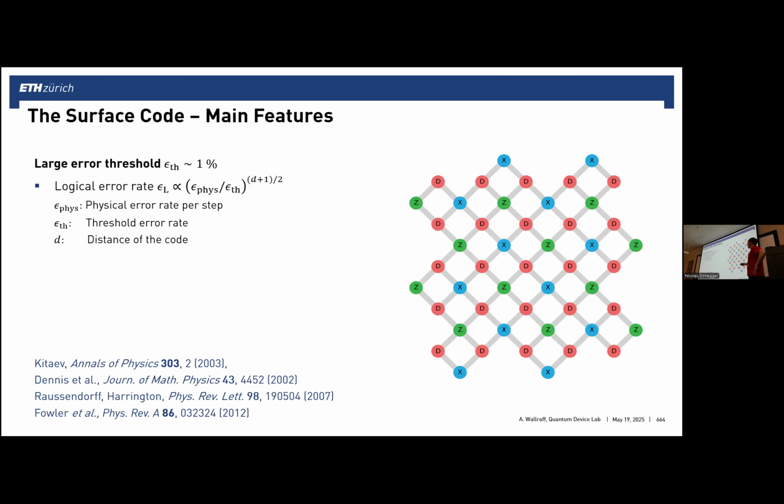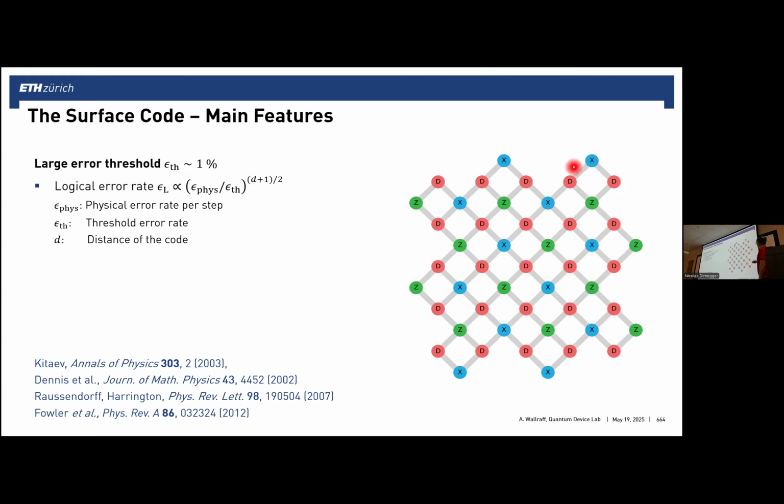And in the surface code, the logical error in the logical qubit depends as the ratio of the physical error of the physical qubits divided by this threshold error to an exponent that relates to the size of the logical qubit. So this factor d here is called the distance. What is shown here is a so-called distance 5 surface code qubit.